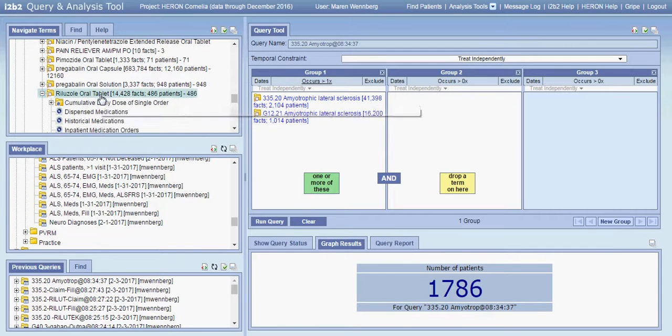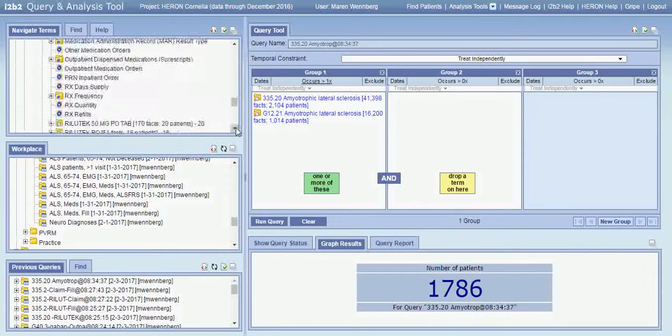Riluzole oral tablet. So you'll notice that we had seen these modifiers at many different levels. We could have pulled over the modifier at the central nervous system level, the whole medication folder, but at a higher level, it's going to take longer and longer to run. And I'm only interested in this specific medication.